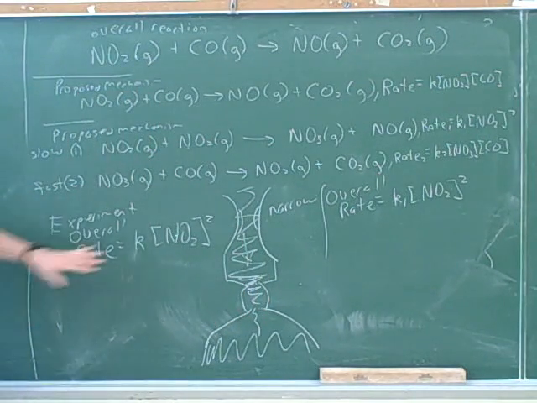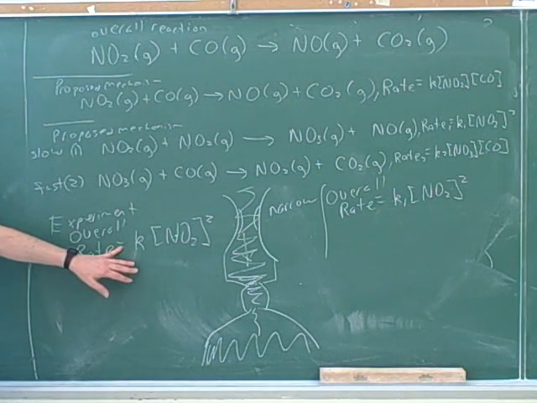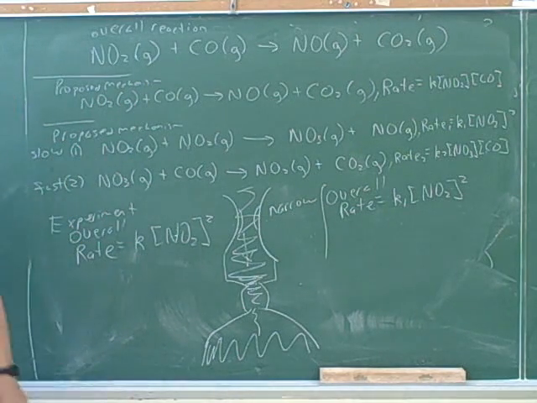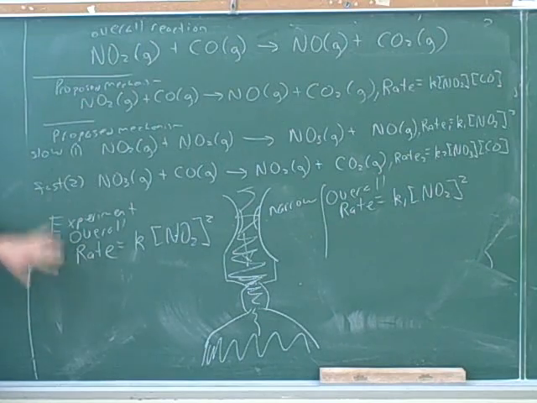If the experiment gives you that this is the overall rate law, which is the correct proposed mechanism? Second. We would know that the second is the correct mechanism, because if this was correct, or actually I should be a little bit more cautious, we know that this is not correct, because it doesn't match this.